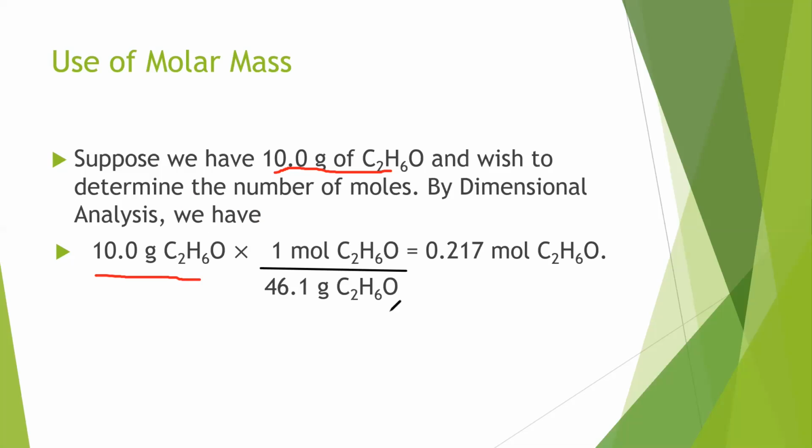As you can see, the units, grams of ethanol, cancel, and we're just left with moles of ethanol on the top. So 10.0 grams divided by 46.1 gives us 0.217 moles. That's how we do grams to moles.